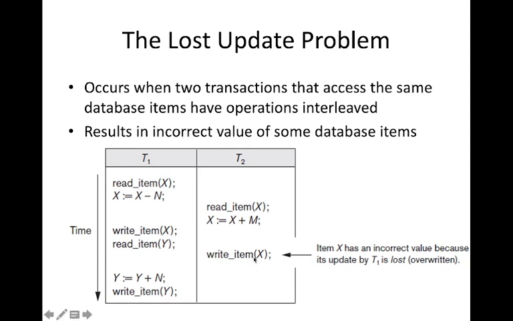When write item of X is performed, 110 is written, and when the other write item of X is done, 110 is overwritten. So the X minus N update, the 50, is lost. This is known as the lost update problem. This can occur in transaction processing, and that is why we require a concurrency control mechanism.